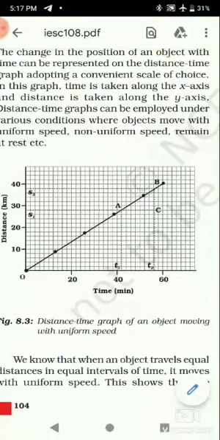That means in that time slot, t2 minus t1, the distance covered is s2 minus s1. So by the ratio of s2 minus s1 and t2 minus t1, we can get the speed of the object throughout the path. And as this is uniform motion, the speed will remain the same. You can take any time slot and compare with the distance covered, you will get the same value.